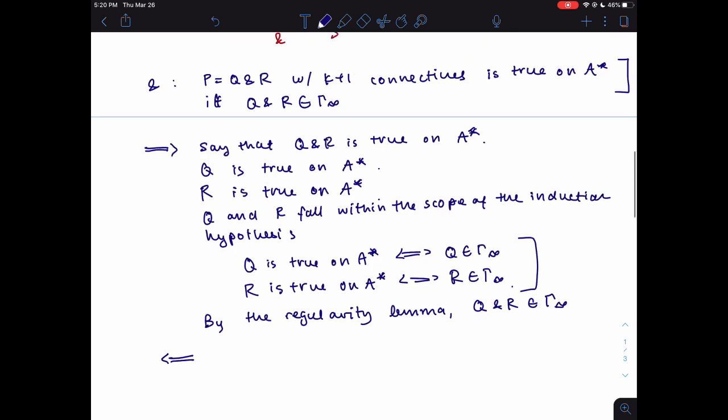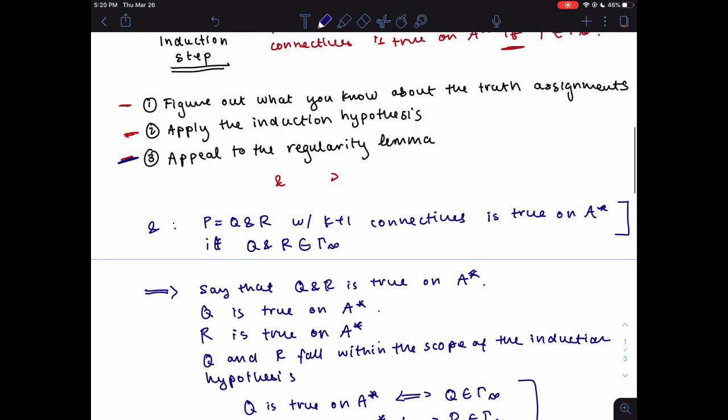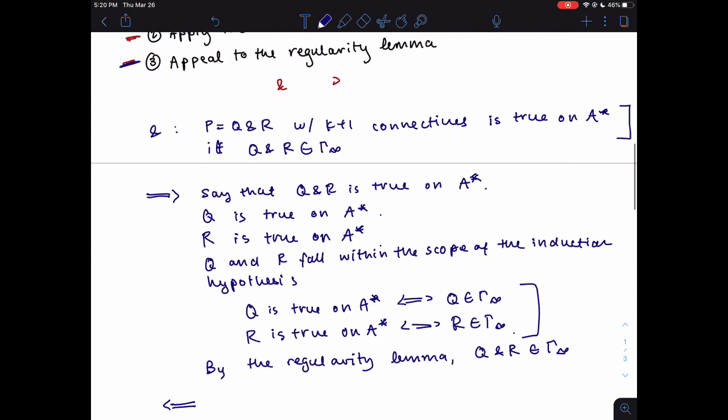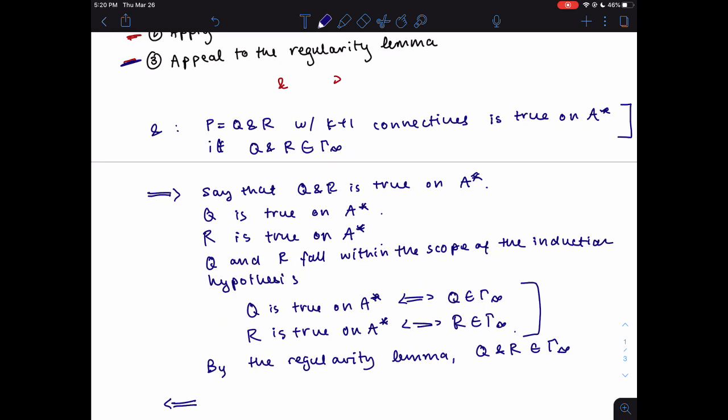So to prove this direction, you might be thinking we should assume if Q and R is a member of gamma infinity, and then prove that Q and R is true on A star. But we're actually going to do it a little bit of a different way. So let's say that this biconditional up here is P if and only if Q. In our first case, we proved if P then Q, and you have to prove that it goes in both directions.